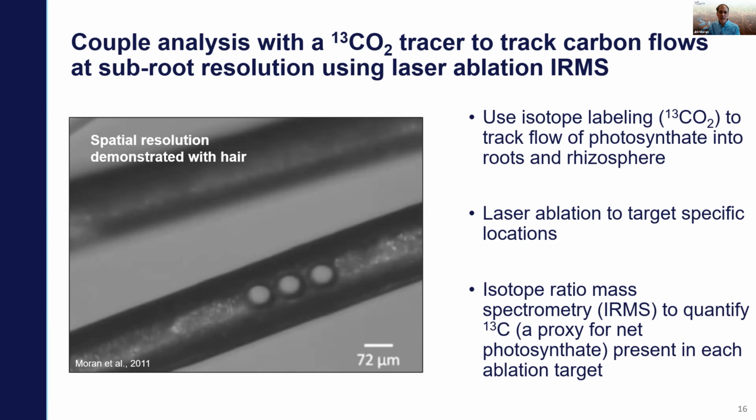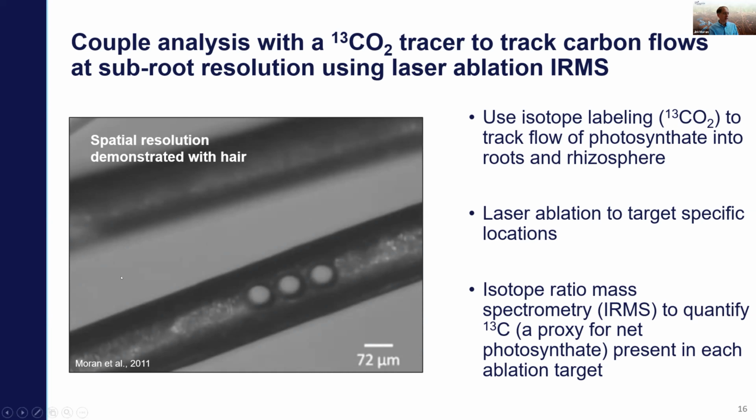Again, we're using this 13C tracer as a proxy for root exudation, right? When we apply the tracer to the headspace, we're allowing it to get taken up into the plant, transported to the subsurface, and released. And if we can track where that 13C goes, we're going to link that directly to how much root exudation occurred in that location.